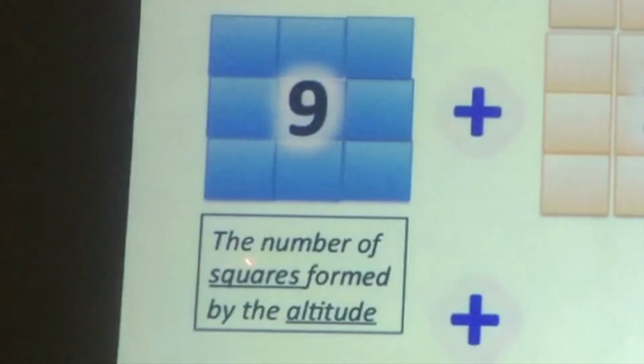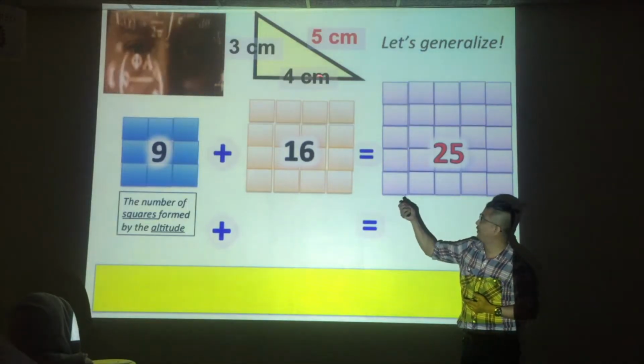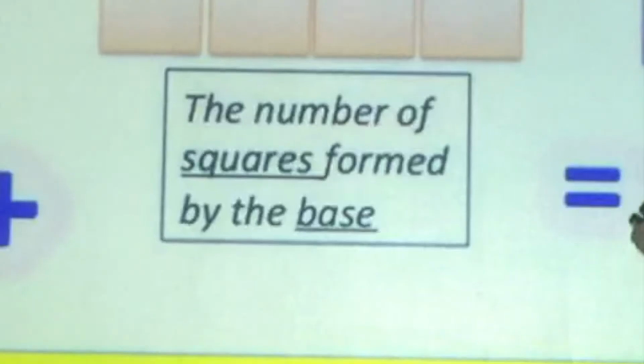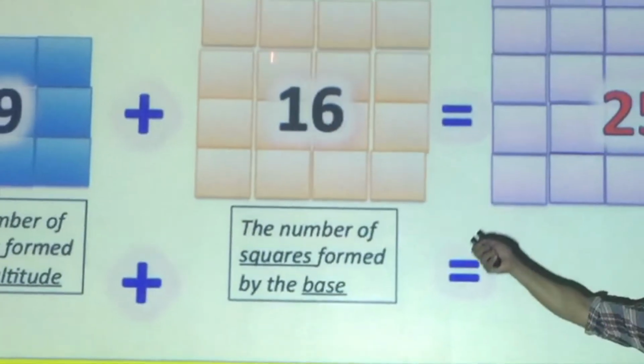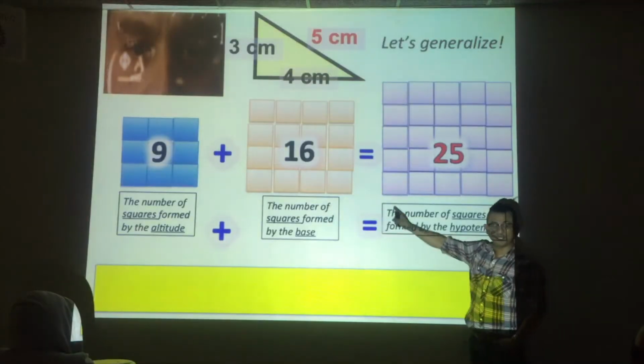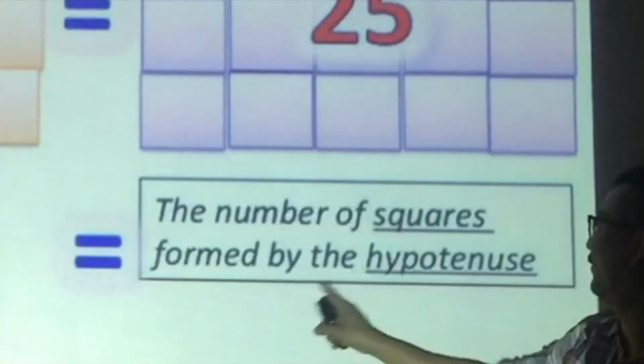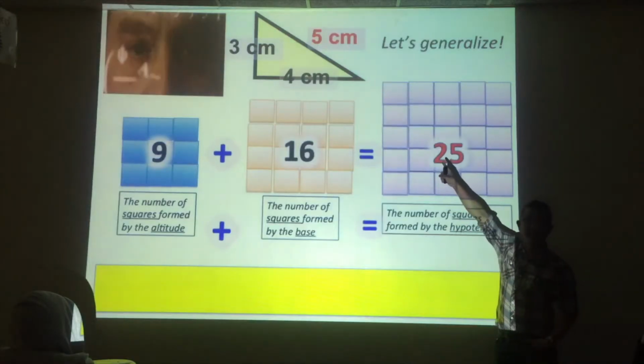We did the number of squares formed by the altitude. That 3 was able to form how many? 9. Now, how about this? The number of squares formed by the base of 4 is now 16. The number of squares formed by the hypotenuse is 5 by 5.